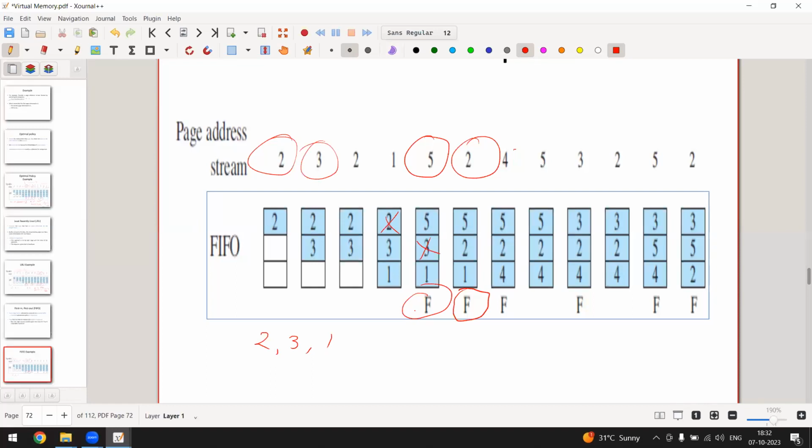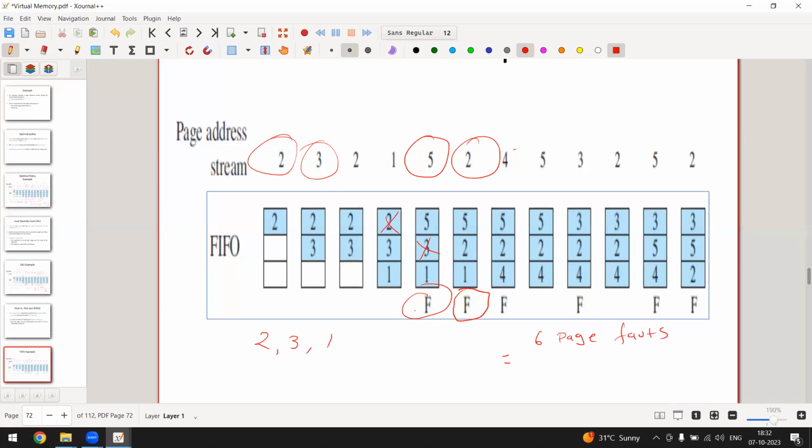If you continue like this, I'm sure you will be able to trace this entire example. I'm not going to trace it fully here, but at the end you have to make an observation, and that observation is that there are 6 page faults.